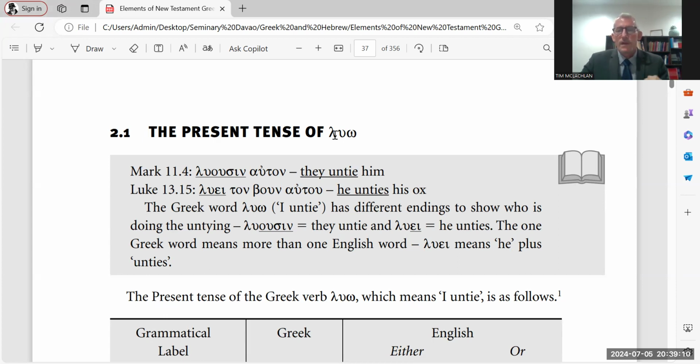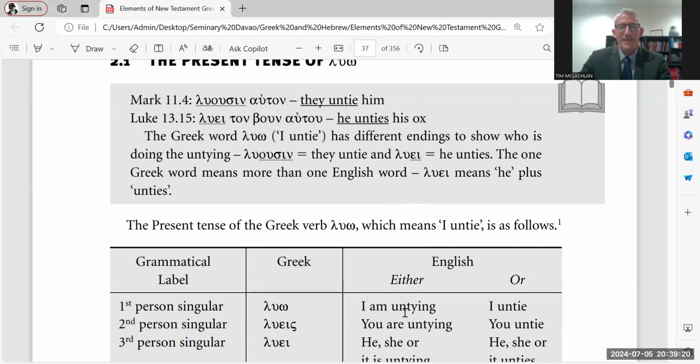First person is the person speaking, I am doing something, and that's how you translate this: I loosen, or I am loosing, untying, like you're loosening off a rope or something like that. So he's untying his ox, that's the example I gave there.